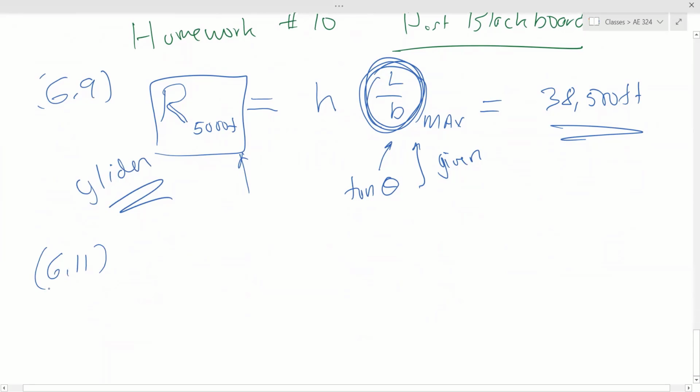6.11, you're given the drag polar. Because you're given the aspect ratio, the efficiency, we know pi, and then you're given this.